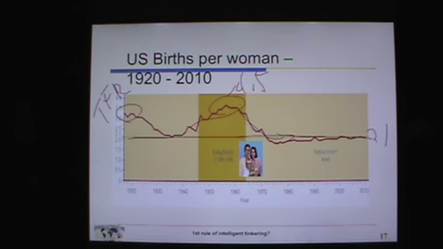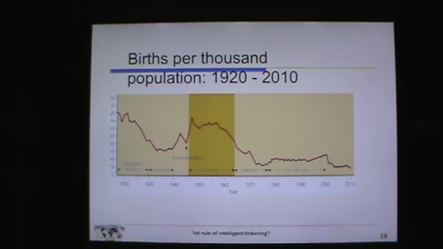Remember, 2.1. That is the replacement level fertility rate, where a couple will replace themselves with offspring. In 2010 we were at 2.1. You can see how things have changed over that time period.